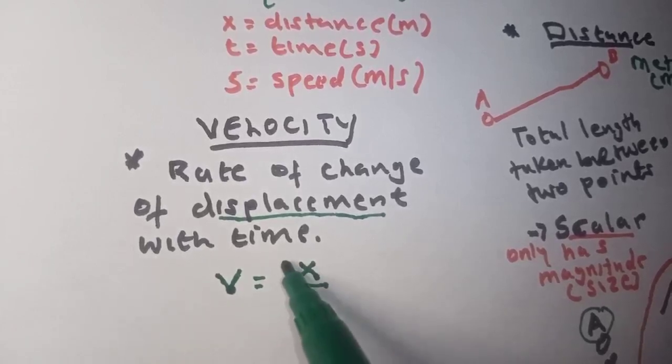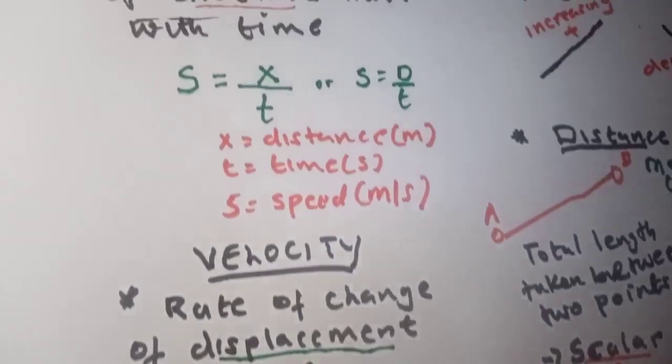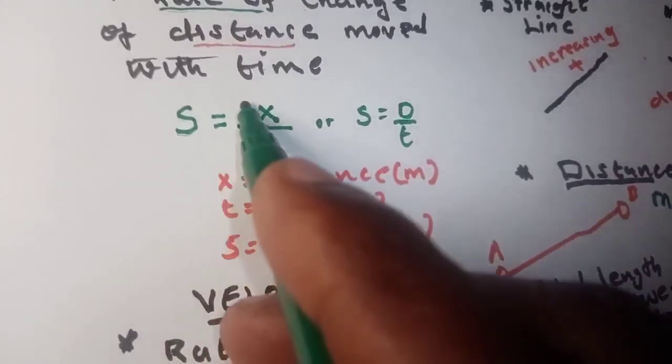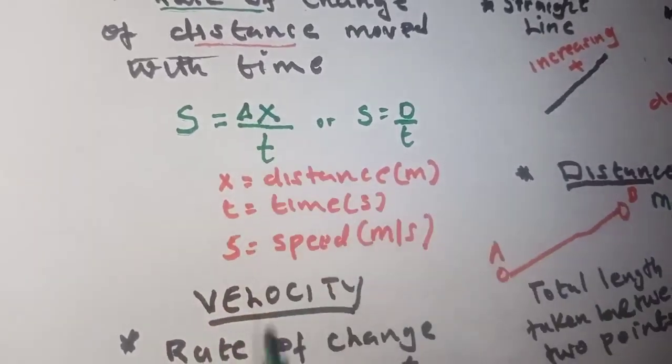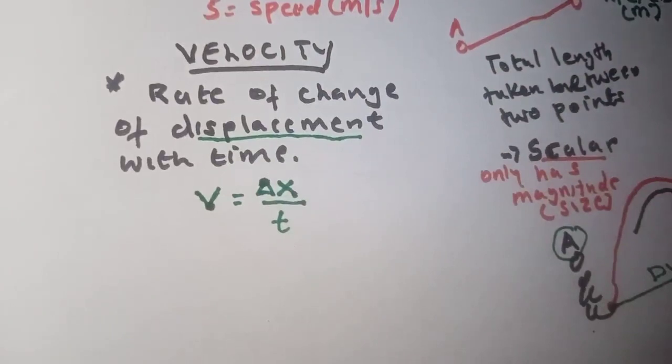I'm going to add a triangle. This simply means change of displacement. Here again, I can add the triangle to simply mean change of distance. Change of distance over time, change of displacement over what? The time.